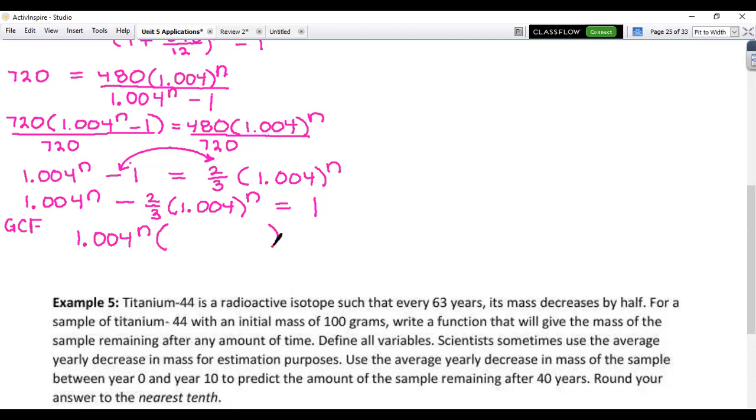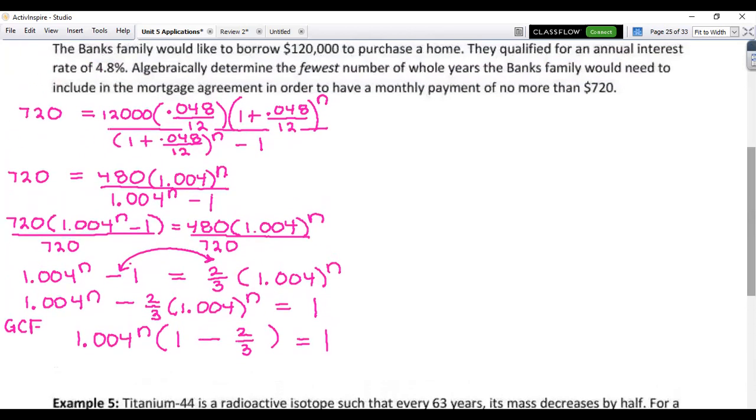How do I make this the same? I multiply it by 1. How do I get the 2/3? Just like this. Equal to 1. Again, we're getting there. We're getting really close. What is 1 minus 2/3? Yes.